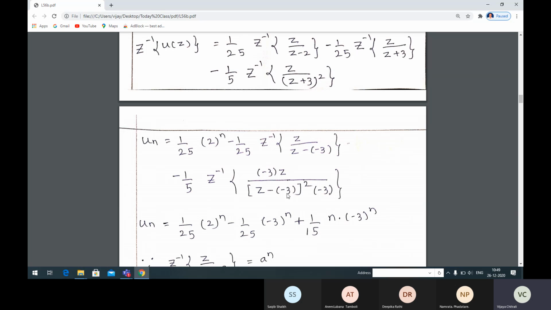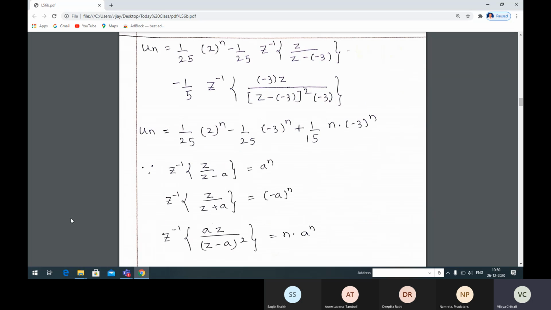So this is minus 3, right? Now 1 upon 25, 2 raised to n, minus 1 upon 25, minus 3 raised to n. And this minus is plus, 5 into 3 is 15, 1 upon 15, n into a, that is minus 3 raised to n. So this will be the required answer.